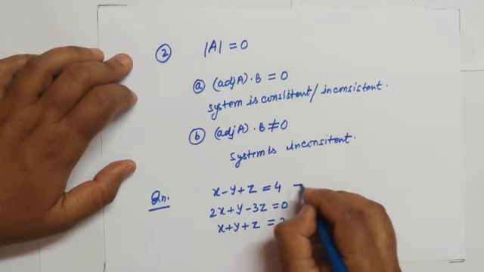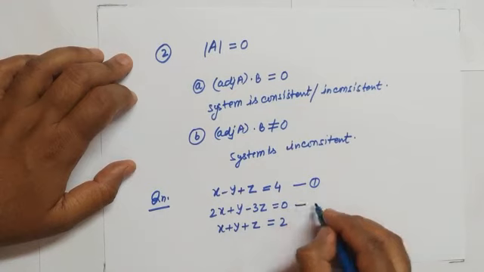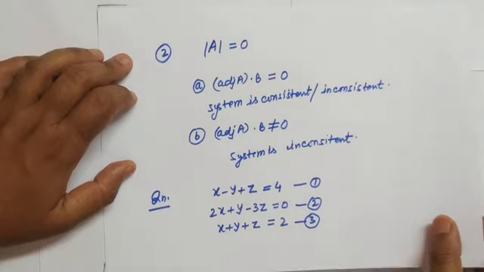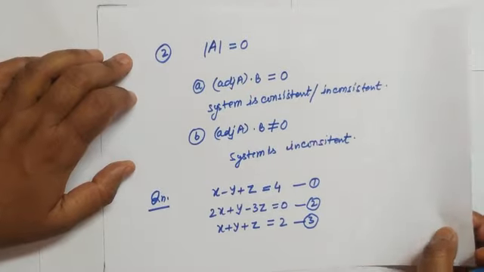There are three equations and these three are linear equations, and you have to solve these equations with the help of the matrix method. Now we'll see how we can solve it.